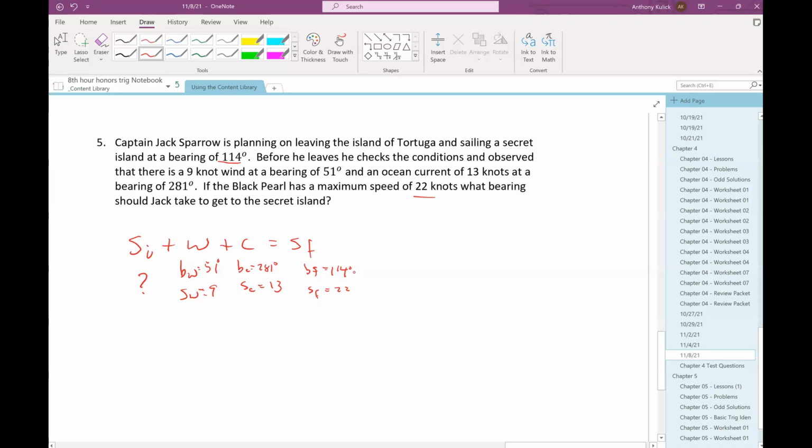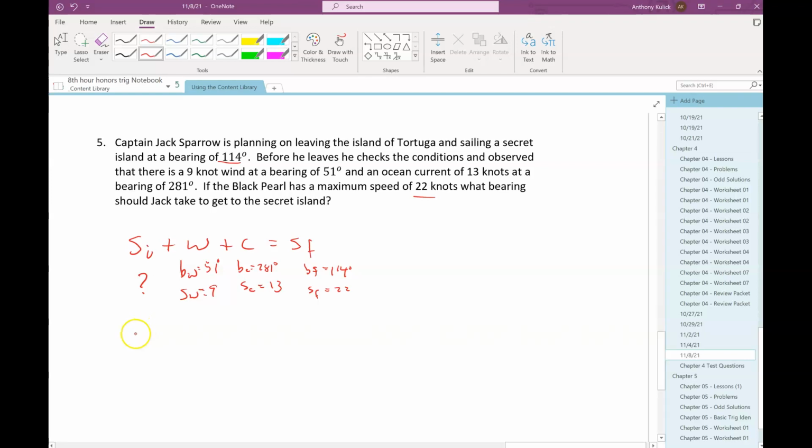Wait, but why wouldn't the bearing be initial? It says they would have to go at a bearing of 114 to get to the island. You set that bearing and then you run into wind and current, which are going to push you all over the place, right? Okay.